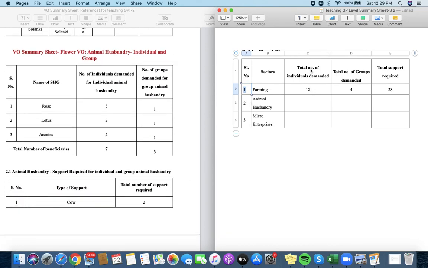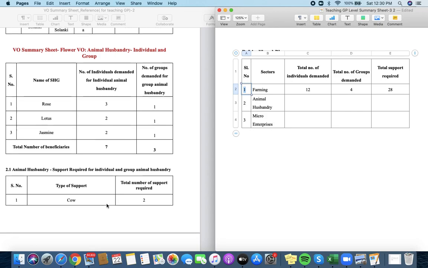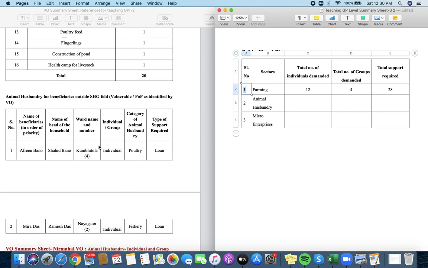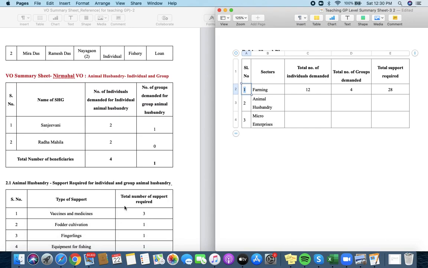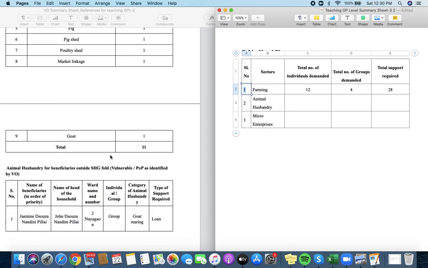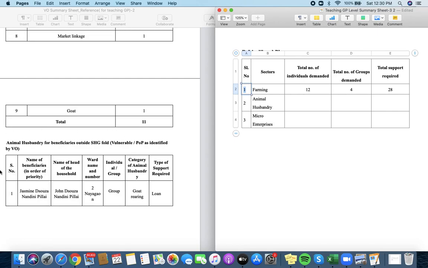The total number of individuals within the SHG fold is 7 from Flower VO. And from outside SHG who want to do it individually, it is 2, that is 9. And from Neer Mahal VO, 4 people want to do it individually, and from outside SHG, nobody. So 9 plus 4, there will be 13.